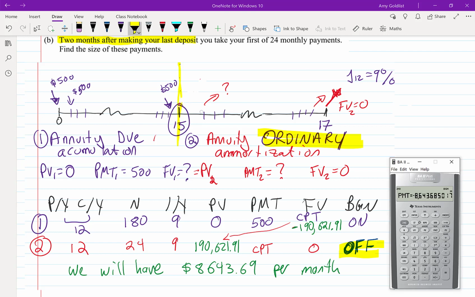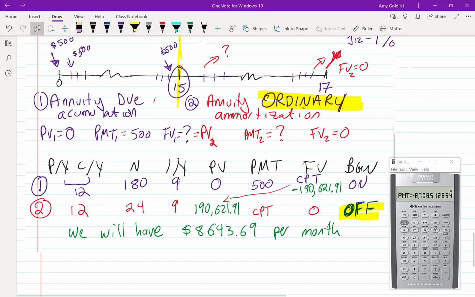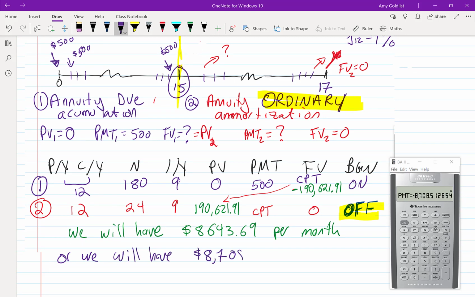So if I go to second, begin, second, set, and turn that begin mode off, and now I'm going to recompute that payment with everything identical, I get the correct answer. We will have $8,708.51 per month if we start 1 month later.